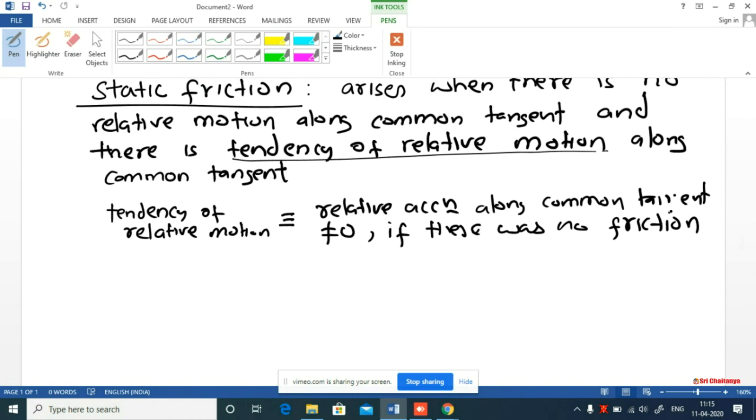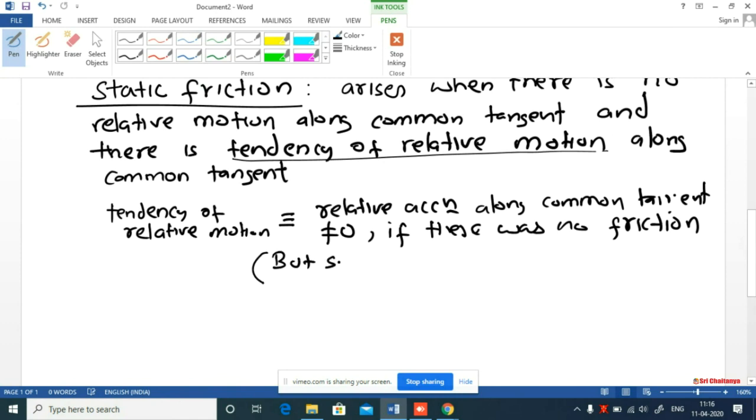What do we mean by tendency of relative motion? It means that a relative along the common tangent will be non-zero if there was no friction. I'm not saying that the actual relative acceleration between the two surfaces is non-zero. I'm saying that relative acceleration along the common tangent would be non-zero if there was no friction. But now obviously there is friction, so I'll add it in brackets.